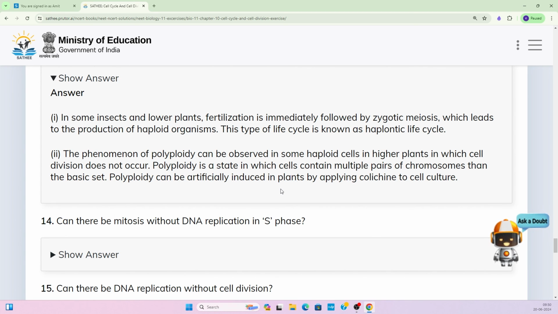What happens when there is karyokinesis? After the karyokinesis, there is no cytoplasmic division. Polyploidy can be artificially induced in plants by applying colchicine to the cell. Colchicine stops the cytokinesis process, and only there is the reduction division.